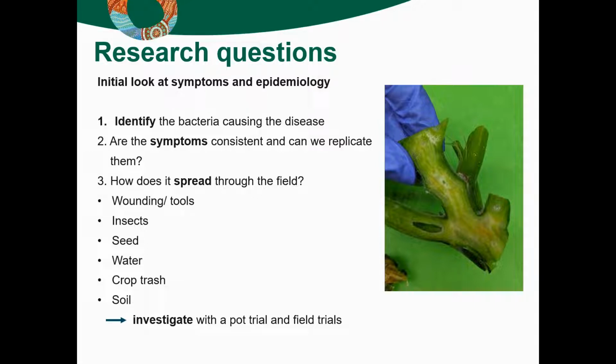Is it possibly insects? Because we know that some soft rots are vectored by insects, so that could be a possibility. Is it coming through in seed or perpetuating in seed that way? Is it spread through water, crop trash? How well does it survive in the soil? So basically we decided to investigate all of this with some pot trials and field trials, both in Queensland and Western Australia.